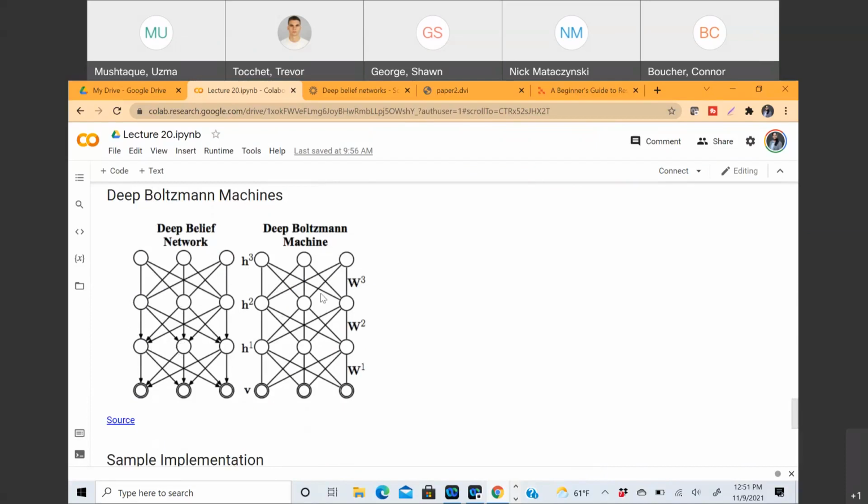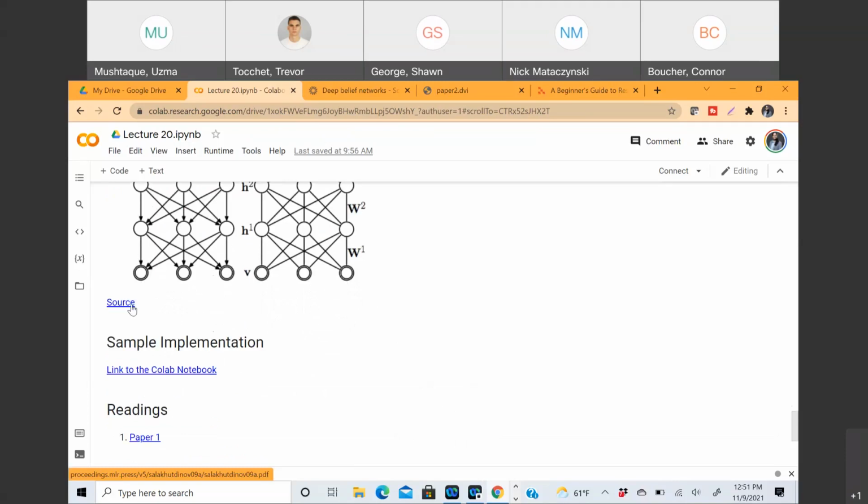But a deep Boltzmann machine is 100% Boltzmann machine in the sense that you can see these are not directed. So I've stacked multiple Boltzmann machines one over the other, obviously making it more complex. But the overall architecture differs from deep belief networks because the last two layers of deep belief networks are usually directed. So that's the difference between deep Boltzmann machine and deep belief networks.